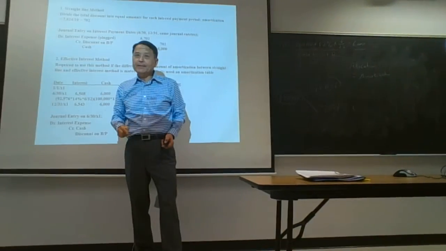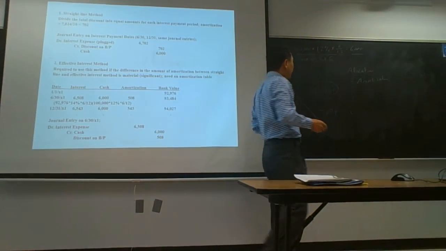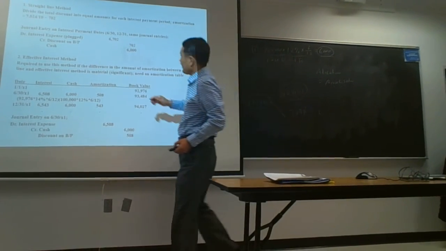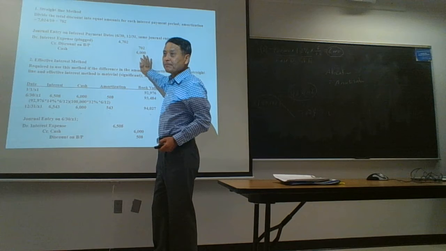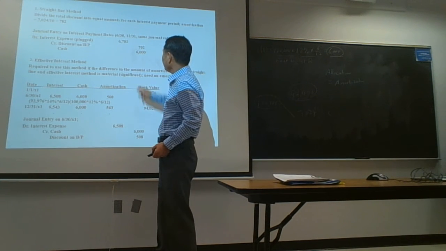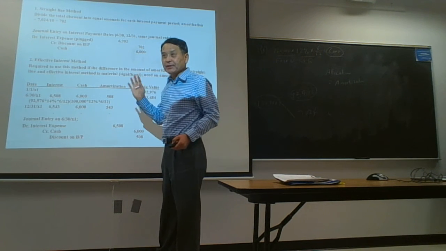Okay, and every 6 months, for each of 10 payment days, this company would pay $6,000 in cash. So cash payment $6,000 on credit, and regular interest $6,000. This is regular interest, right? And 702 additional interest.